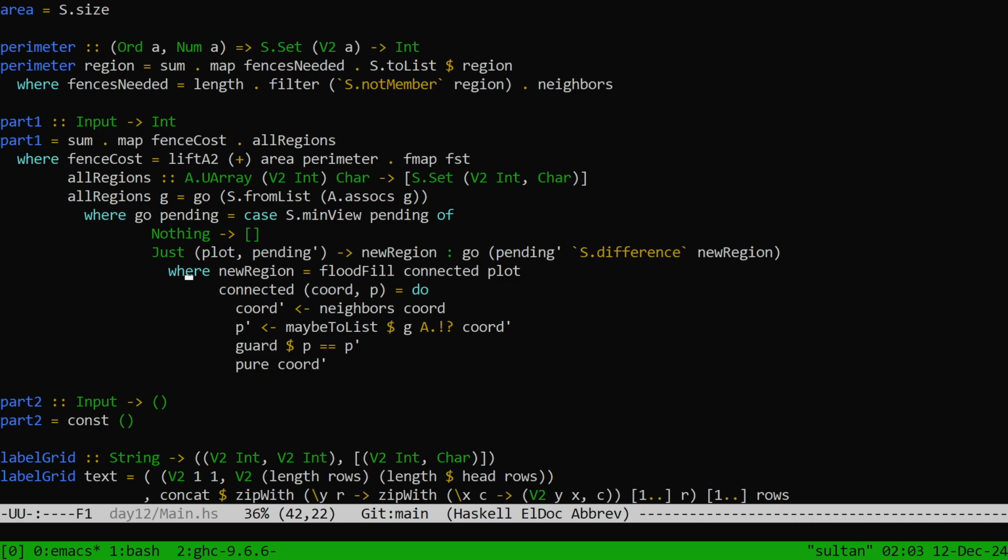So floodFill of connected. Oh, well, that makes sense. I'm returning just the coordinate, but floodFill is operating on pairs of coordinates here. So we should really say p prime, which of course is the same as p.